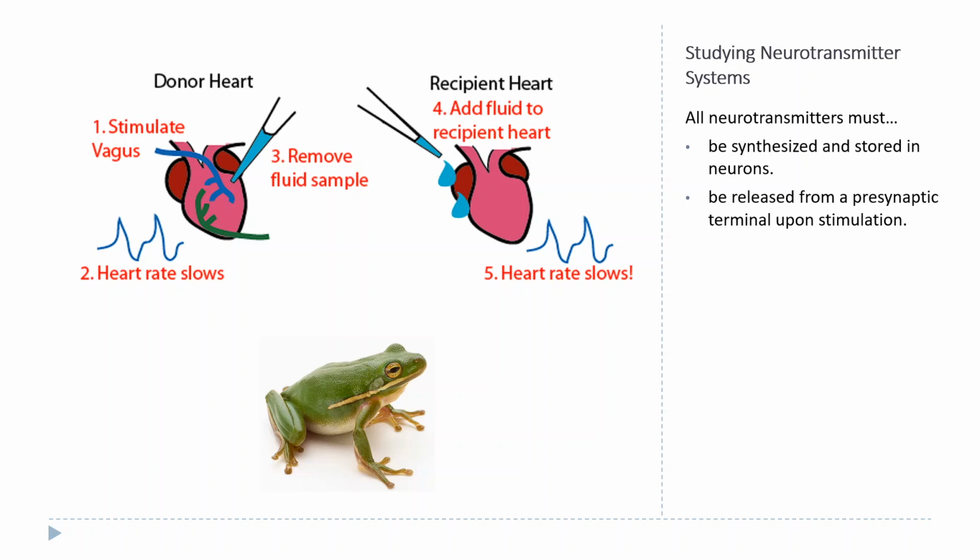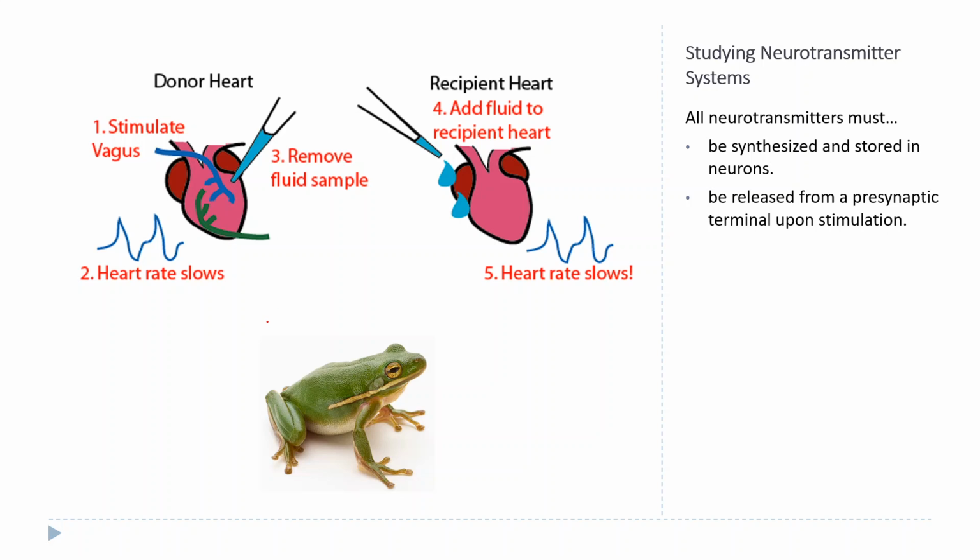This criterion is harder to determine because the only way to do it is to directly stimulate a neuron with an electrical current or voltage, and then collect the fluid from around the place where the synaptic terminal is.